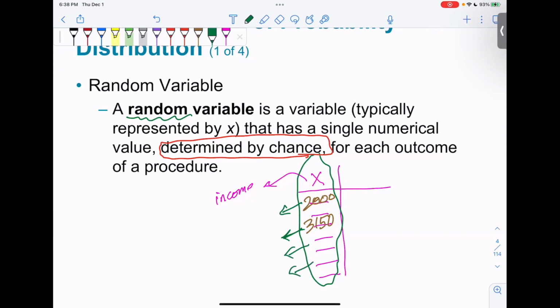So let's imagine that I want to take the income, and I go out, take a sample, and start picking some people. Each one I pick, I just ask him, your income, right? And register it down. So how can we get a random variable for this one? Let's say I want the income of people living in Orlando.